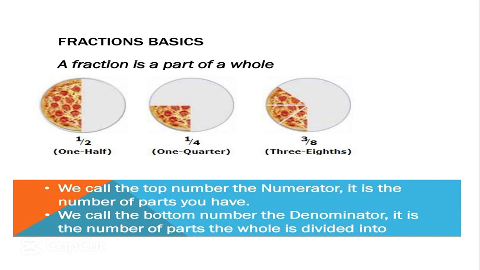So here is the example. We have a pizza, and the first illustration is divided into half. That is why we illustrate it as 1/2. This is the whole pizza, but our part of it is just 1/2 of the pizza.